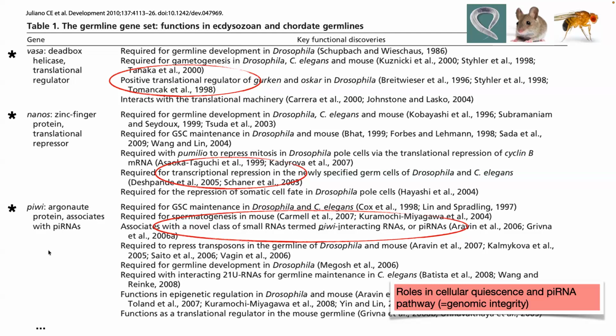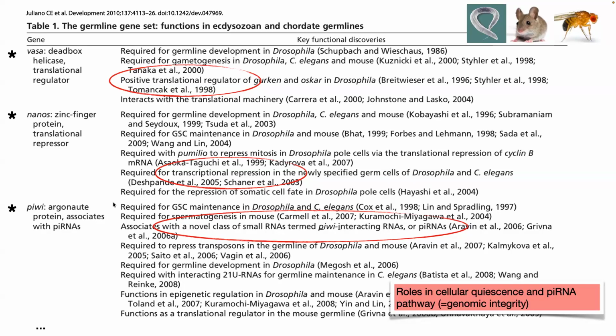And finally, in this list, there is PIWI, which is an Argonaute protein that associates with piRNAs. Each of these genes was initially identified in the fruit fly in the form of a mutant that has detrimental effects on the specification of primordial germline cells.